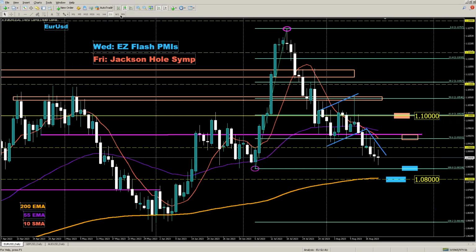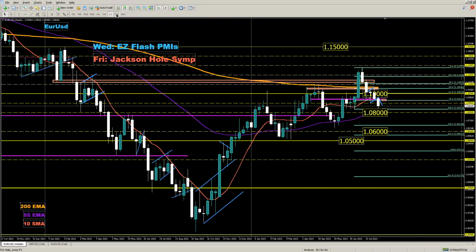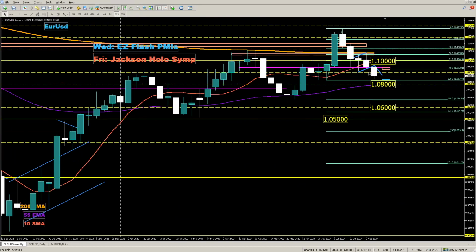And also let's take a look on the weekly time frame. It's a continuation move from the previous week, and still a strong bearish close, pushing towards the 108 support.